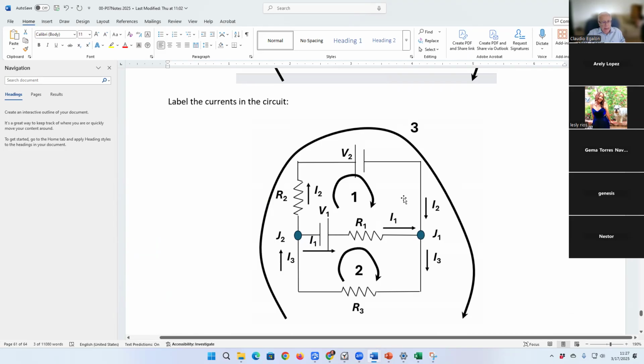And the case here for the junction, we are relating the currents with each other. What are we doing? We are using the statement of conservation of electric charge. That's what it means. Okay? Whatever arrives at this point must be equal to whatever exits the same point. That's what we are doing.